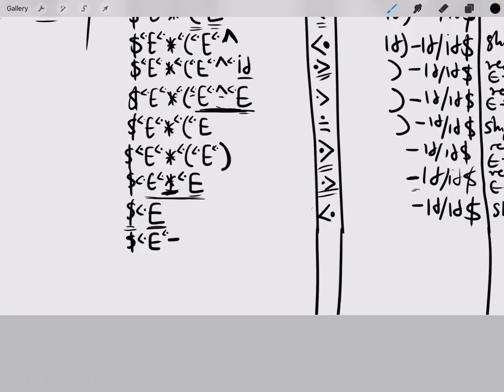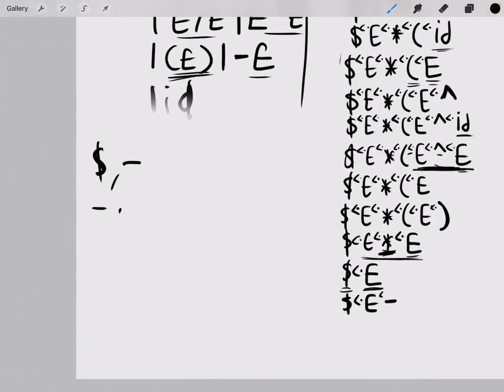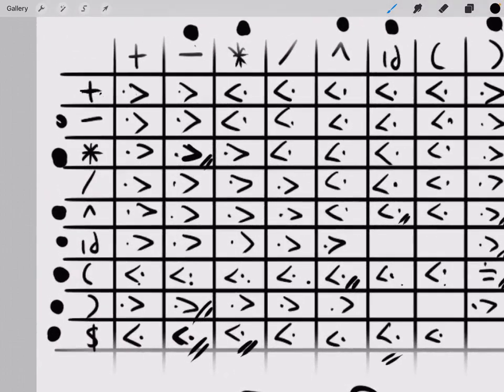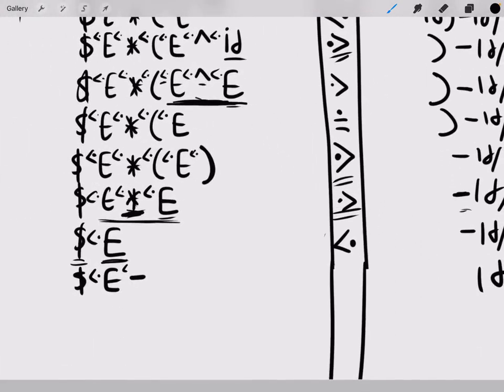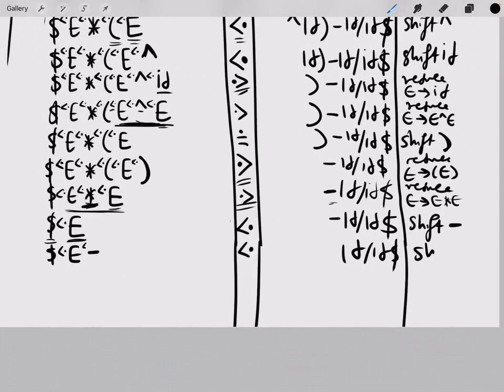The next thing on the list is ID divided by ID. Okay, and minus versus ID on the list. Minus versus ID yields precedence to ID, and so we shift ID then.